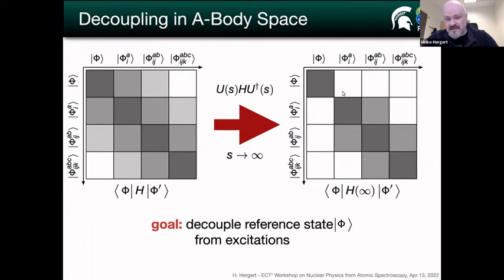where this upper left block that contains the reference state is really decoupled from the rest of the spectrum, which would then mean that we have extracted an eigenstate and an eigenvalue of the Hamiltonian, right? If there is no way to excite the state into the orthogonal complement of it.